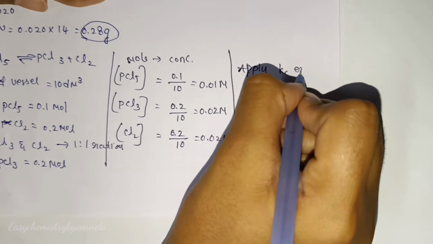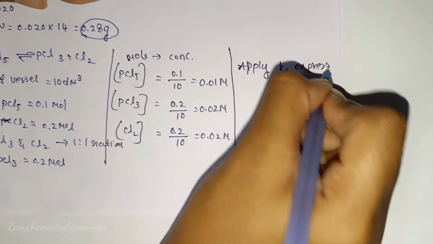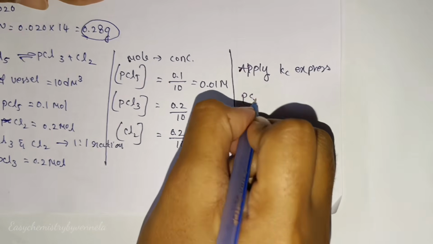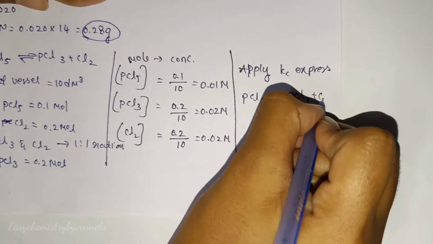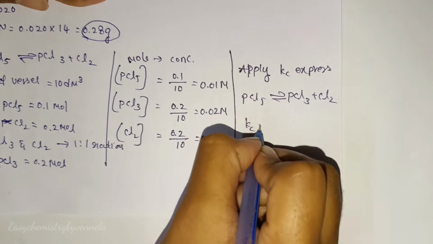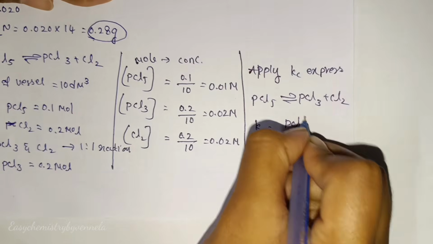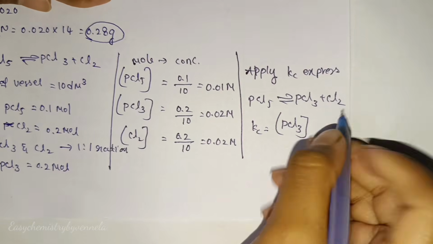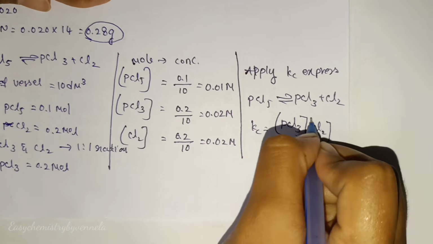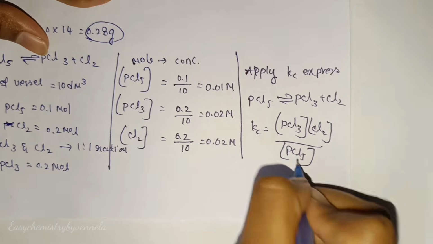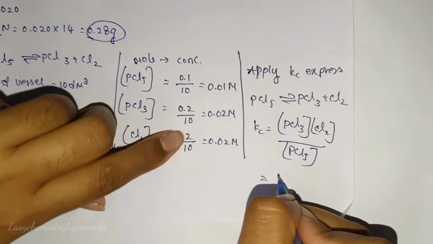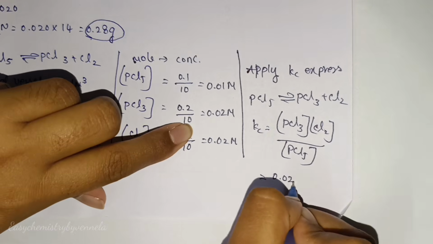Next, apply the Kc expression. PCl5 gives rise to PCl3 plus Cl2. Kc is equal to products by reactants: PCl3 how much? 0.02.